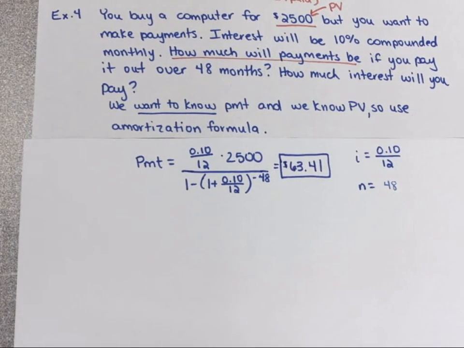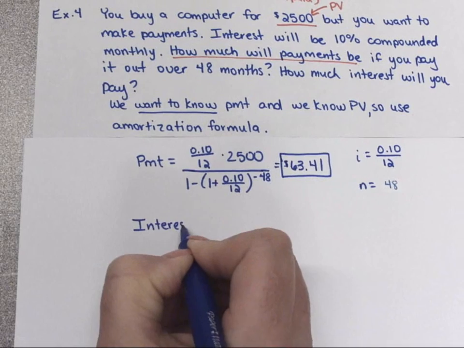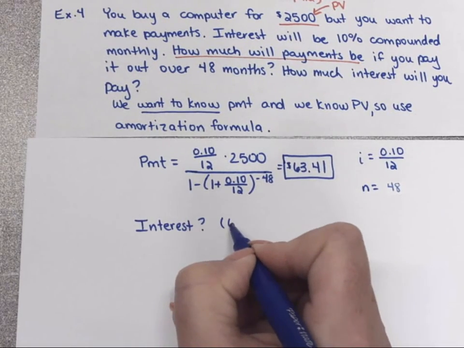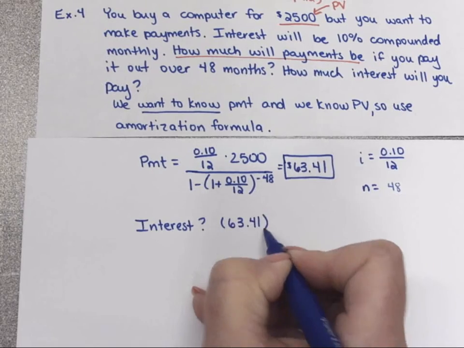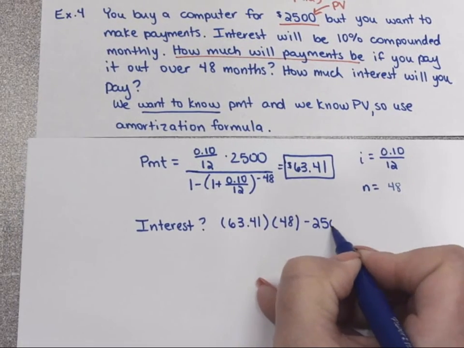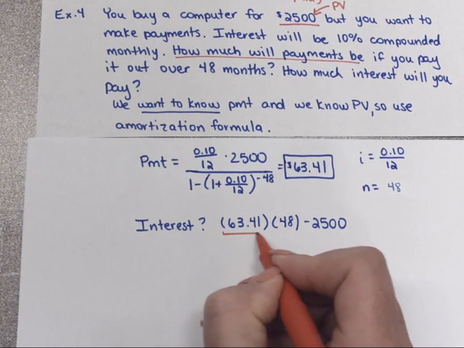Okay. So let's figure out what the interest is. So the interest will be this $63.41 times 48, and then we're going to take off the 2,500. So let's figure out what 63.41 times 48 is. It is 3,043.68.